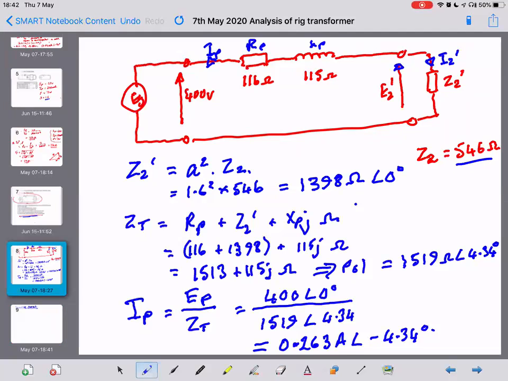What is I2 dash equal to? In terms of actual amps, that's equal to IP, isn't it? It's the same current in this loop circuit.